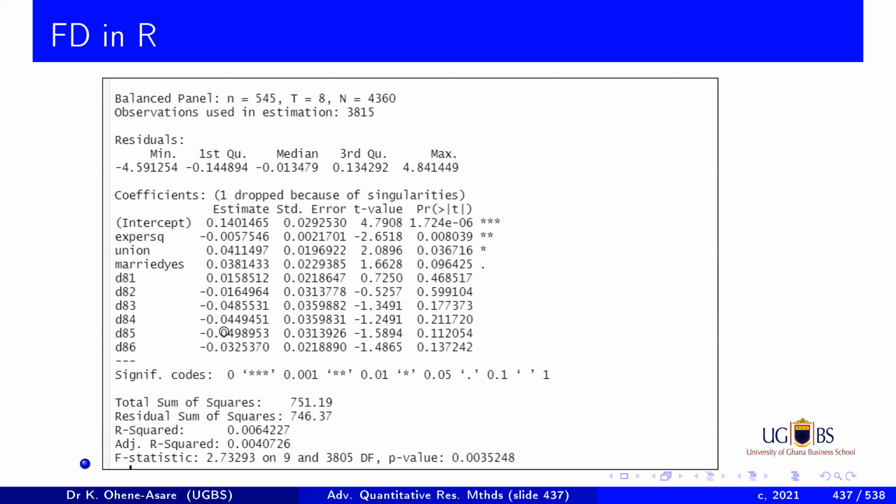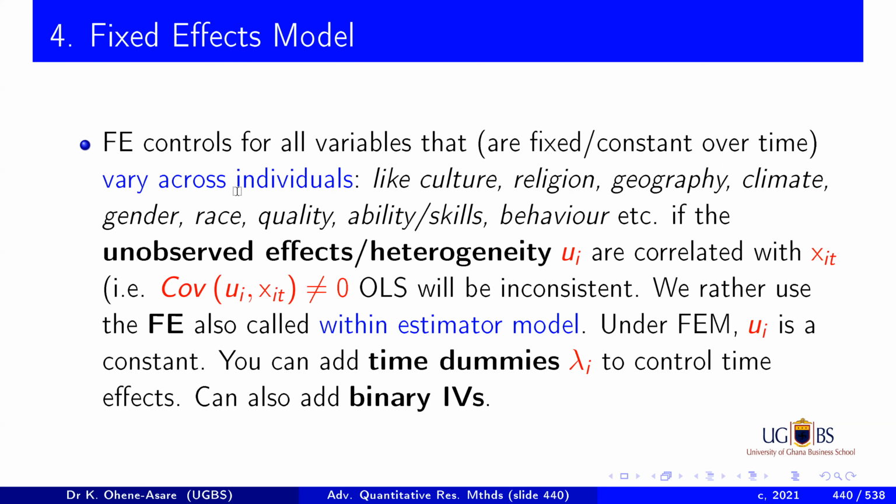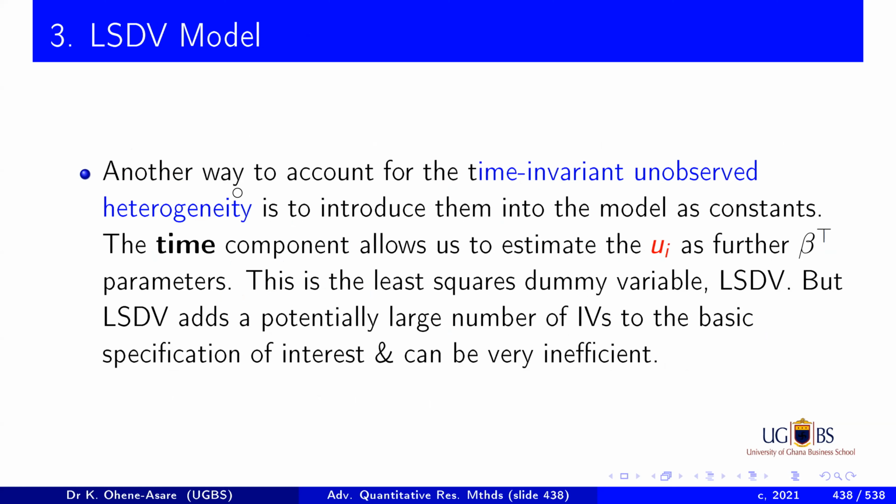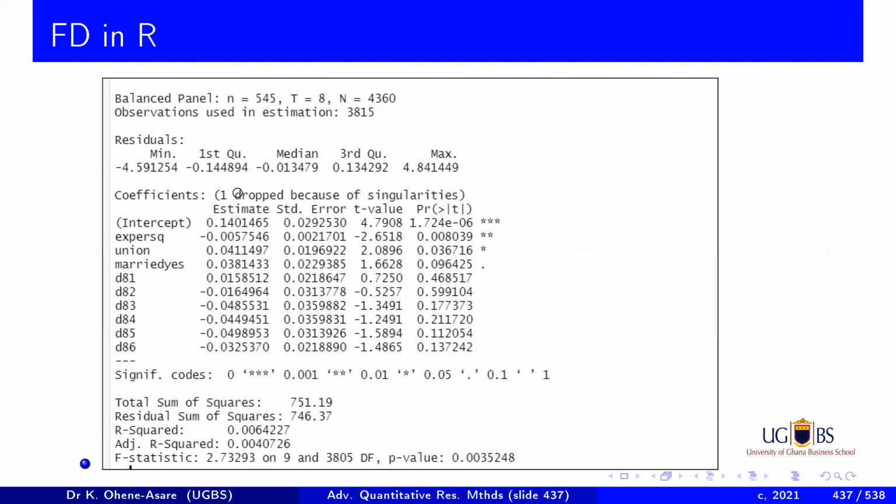We'll now estimate the fixed effect and the random effect model and compare all of them using the tidyverse table and the stargazer table. Okay. And then we'll look at the links and the relationships with all of them. But for now, that is how you estimate the first difference model. We'll come and look at the limited dependent variable regression as well.